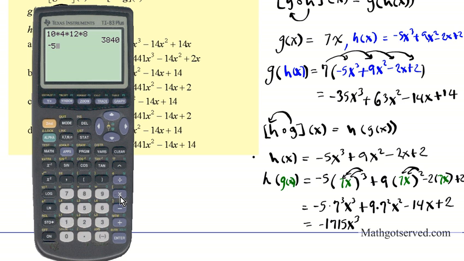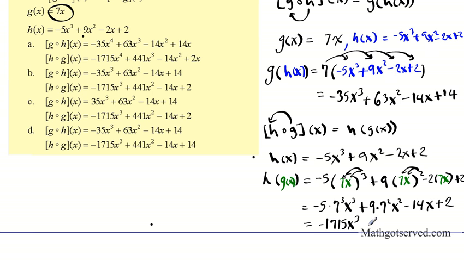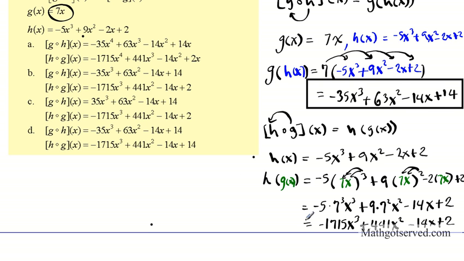Negative 5 times 7 caret 3, that's negative 1,715, and then 9 times 7 caret 2, that's 441. Okay? Plus 441x squared, minus 14x plus 2, okay? So these are our two answers for h of g of x and g of h of x. So this is the first answer, and there is the second answer.